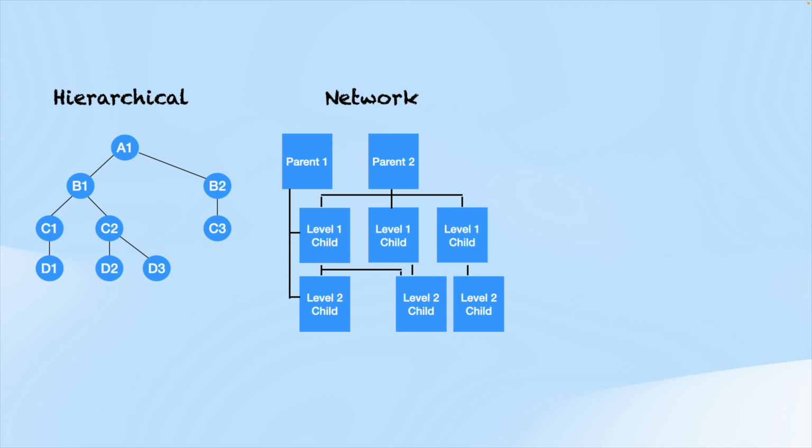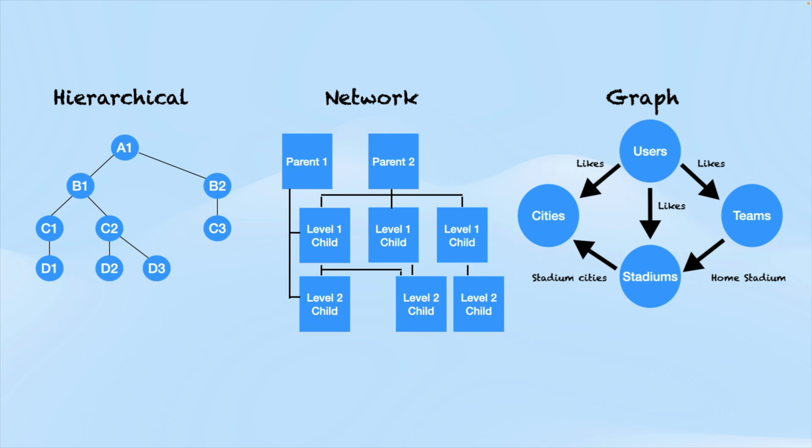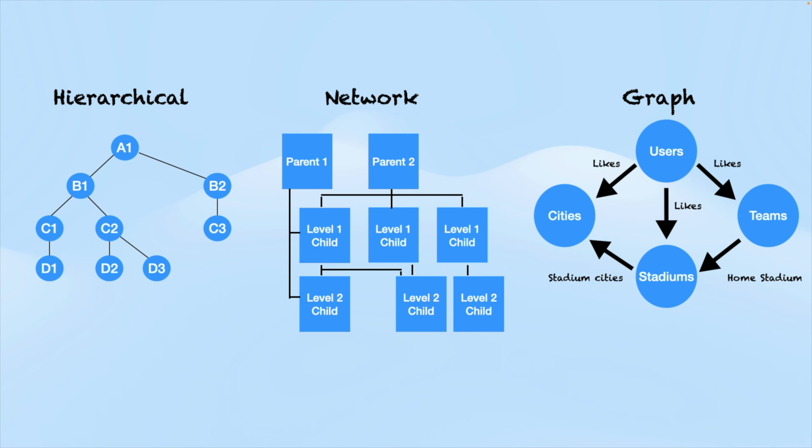And graph databases are the most flexible, handling complex relationships with deep connections and rich metadata, making them ideal for applications like social networks, fraud detection, and real-time recommendation. Each type of database is suited to different kinds of applications depending on the nature and complexity of the data relationships involved.